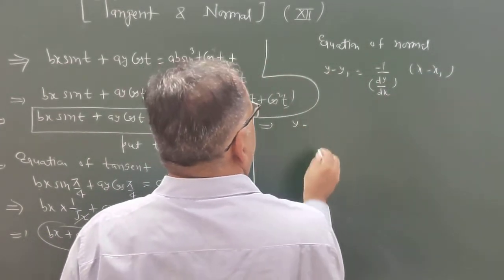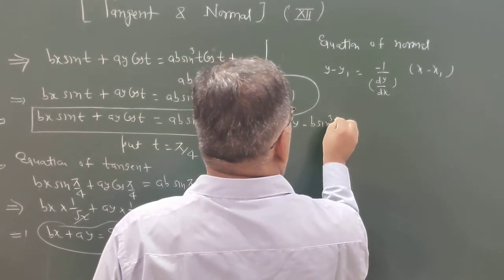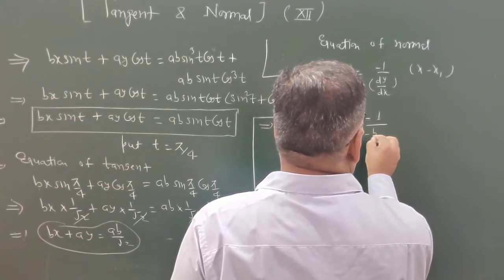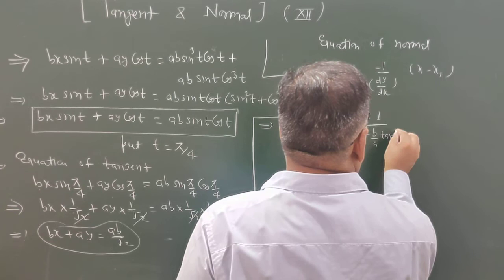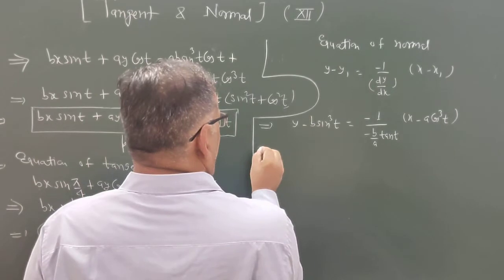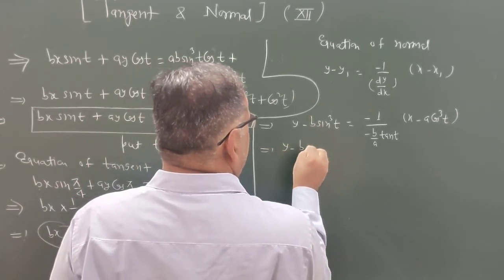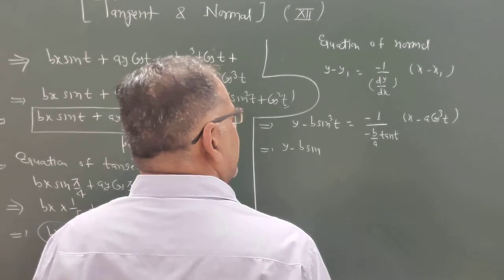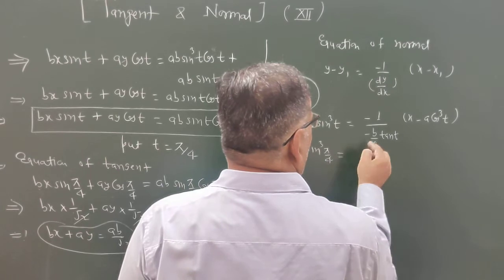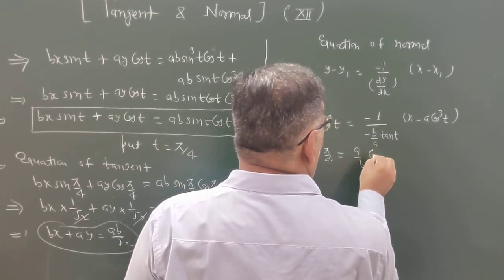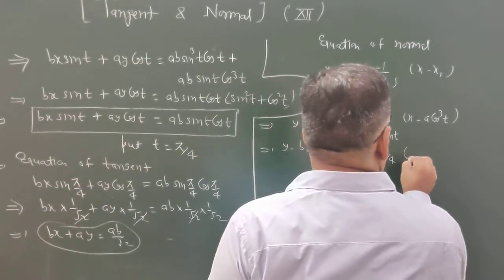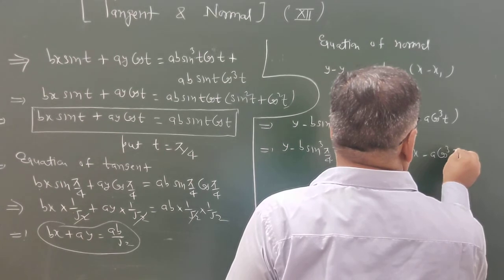That means y minus b sin cube t equal to minus 1 upon minus b upon a tan t into x minus a cos cube t. After conversion, put the value t equal to pi by 4 here: this becomes a upon b cot pi by 4. After conversion a comes in the numerator, and similarly inside the bracket x minus a cos cube pi by 4.